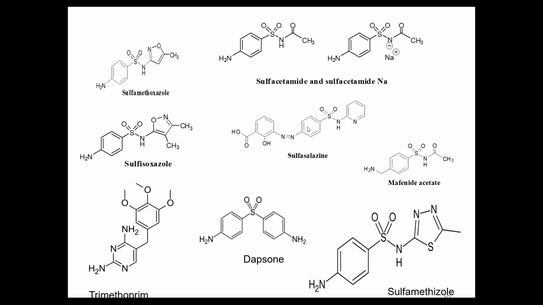You can also classify the sulfonamide class of antibacterial agents based on their site of action, that is their use. Like I told you, most of the sulfonamide drugs are used for curing burn wounds. Superficial burn wounds are fine, where you just get a burn spot on your skin.